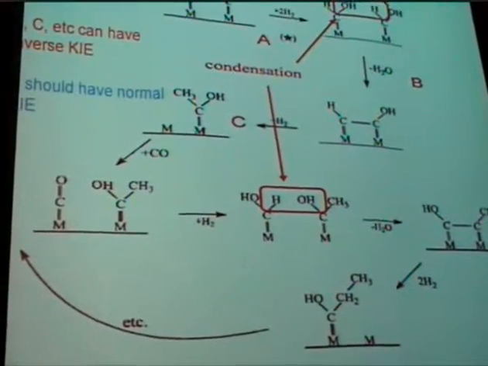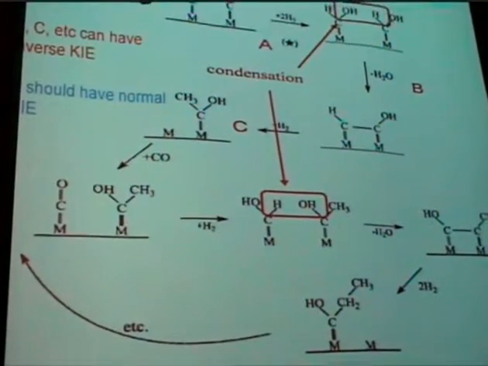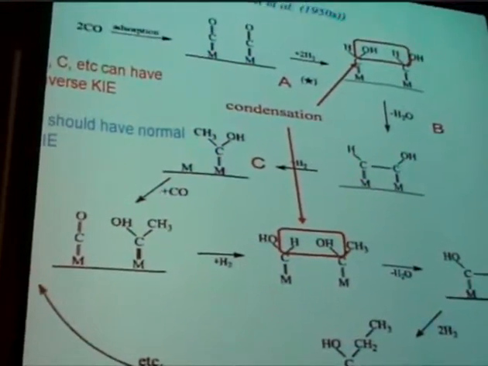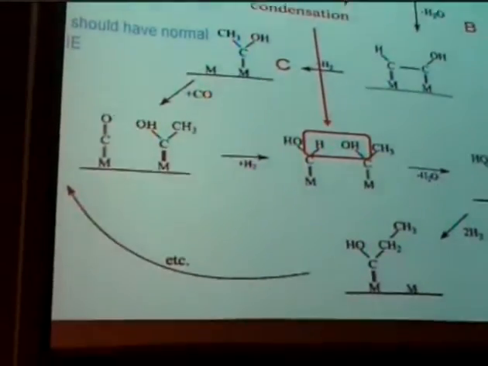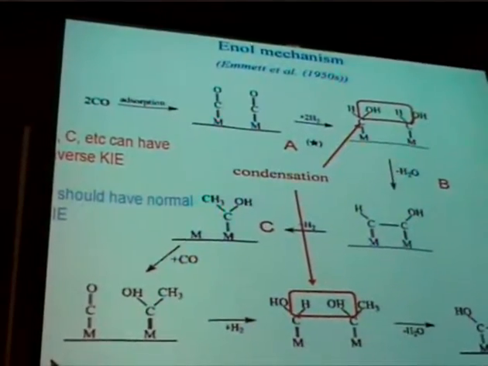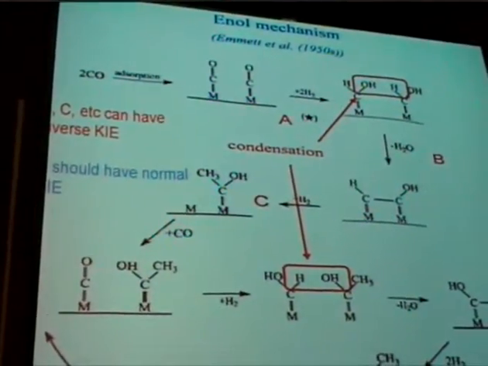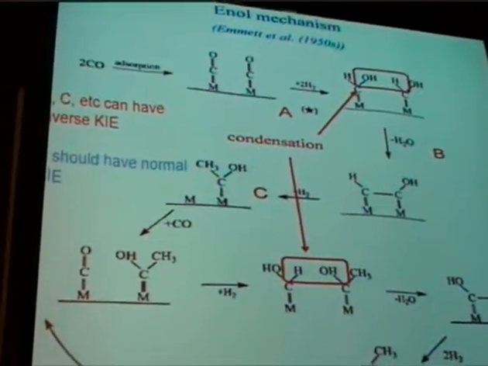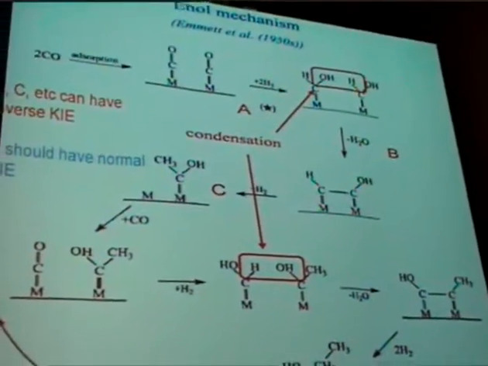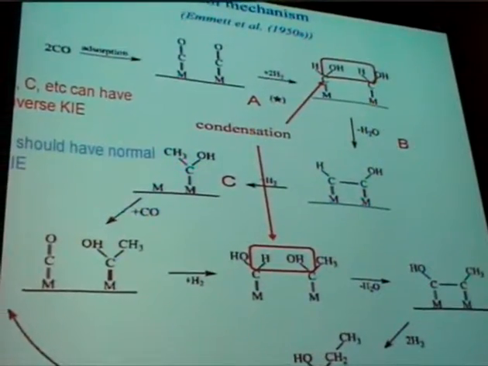The combination of two of those to give you chain growth and elimination of water should have a normal isotope effect if it resembles dehydration of alcohol, because the dehydrogenation of alcohol has a normal kinetic isotope effect. And so step B cannot be the rate limiting step in this enol mechanism. It must be the formation of the oxygenate intermediate.